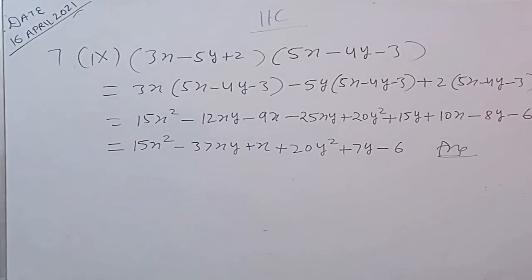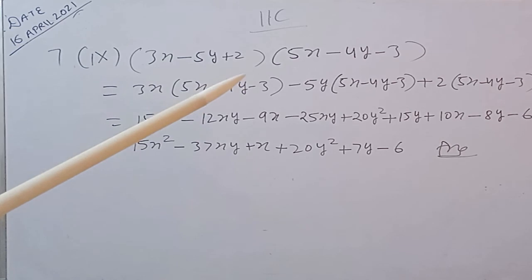Children, I am taking question number 7, 9th part. (3x − 5y + 2) multiplied by (5x − 4y − 3). So write in that manner, 3x into (5x − 4y − 3), −5y into (5x − 4y − 3), 2 into (5x − 4y − 3).